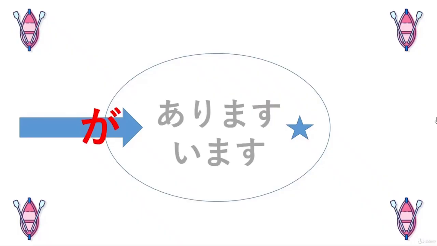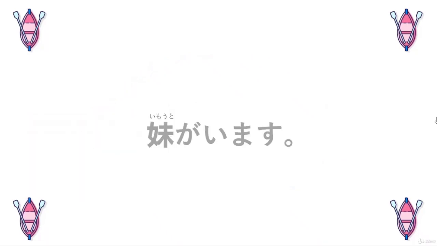If we want to say that someone or something exists, we need to say name of something, then ga arimasu. Name of something, ga imasu. Let's take a look. Imoto ga imasu. Imoto is younger sister. If I say imoto ga imasu, directly it would mean, okay, younger sister exists.